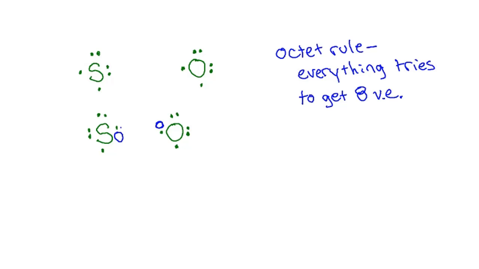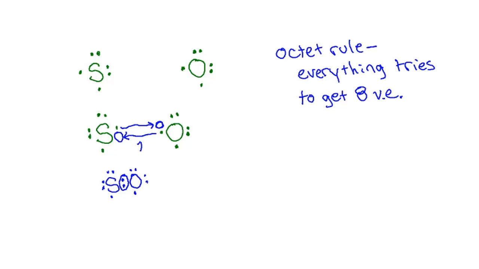So what these guys do is they share their dots with each other, so they can have 2 dots between the 2. See how these have 2 dots taking up the space for the 2 dots on both the sulfur and the oxygen.